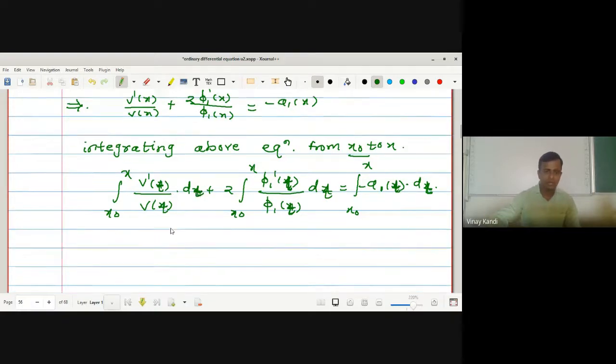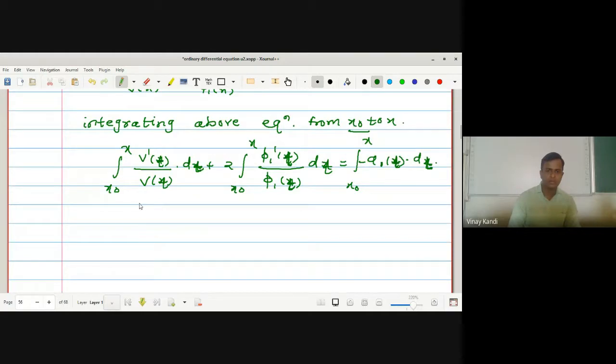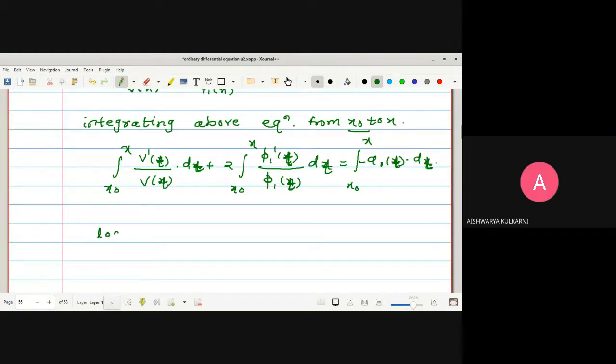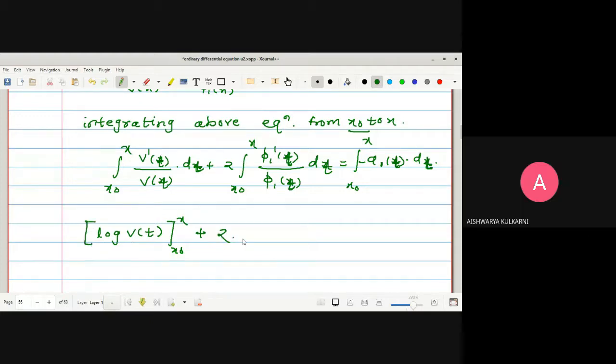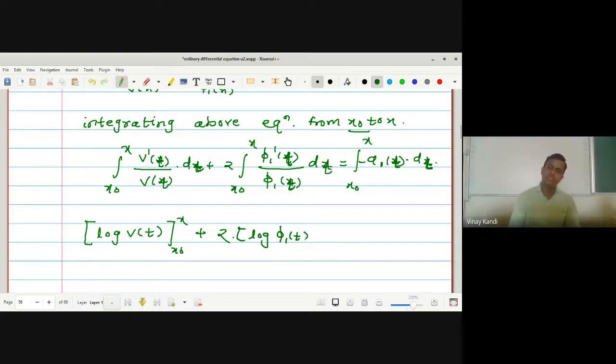So here we get, what is the integration of this one? Log of v of t, with lower limit x naught and upper limit x, plus 2 into what is the integral of this one? Log of phi 1 of t at lower limit x naught and upper limit x, and this one is as it is, x naught to x a1 of t into dt.